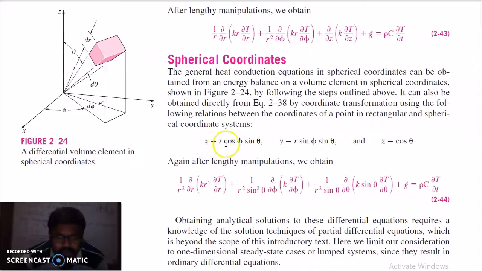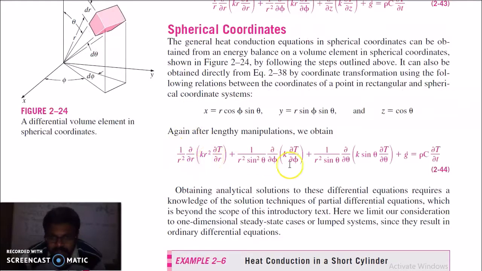So x is equal to r sin theta cos phi, where the y component is r sin theta into sin phi, because the y component is the sine component of this length, and z is r cos theta. So z is equal to r cos theta. You will get the equation for spherical coordinates by placing these x, y and z in the above equation.